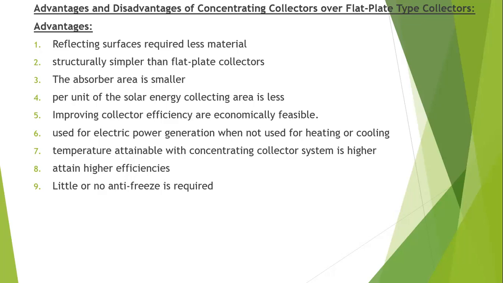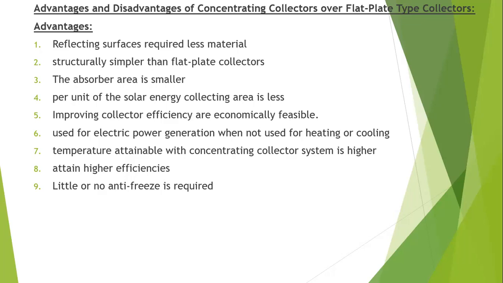The sixth one is, focusing or concentrating systems are used for electric power generation, because when they are not used for heating or cooling purposes, we can alternatively use these concentrating collectors for electric power generation. The total useful operating time per year will therefore be larger for a concentrating system than a flat plate system.